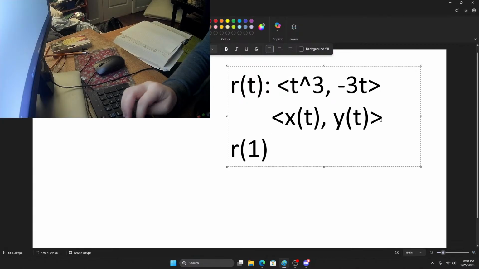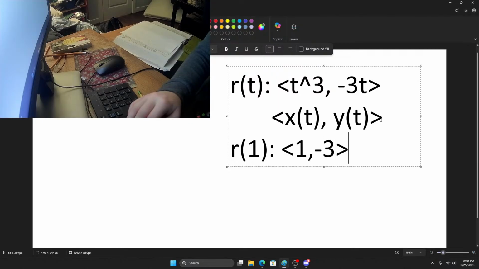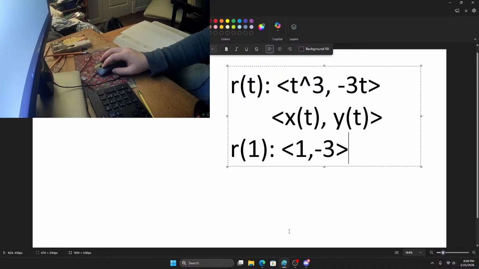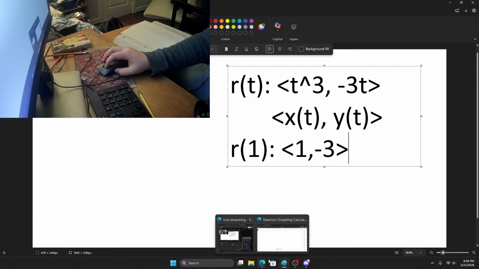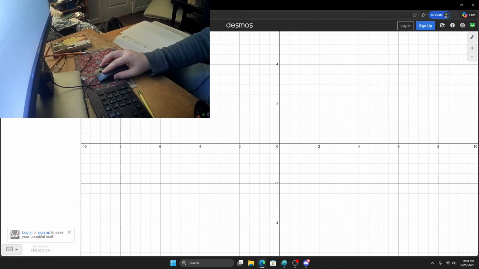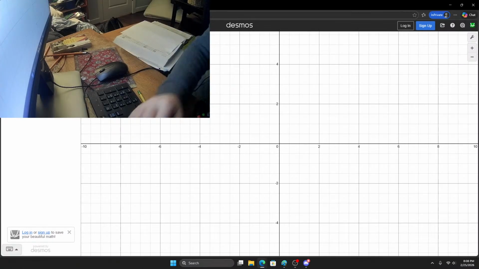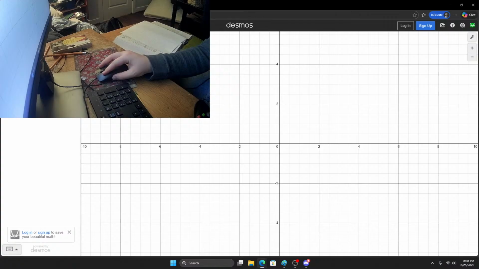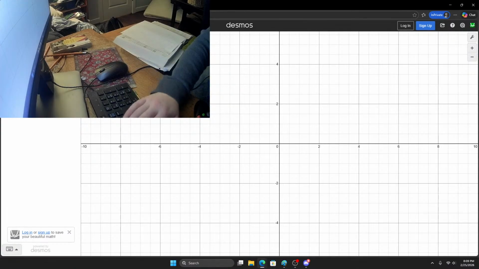So at time t equals 1, there'll be 1, negative 3 would be the value in the coordinate plane. I don't know if you can write it out like this. I don't think it'll work. Yeah, it won't, because it takes it as a less than symbol.